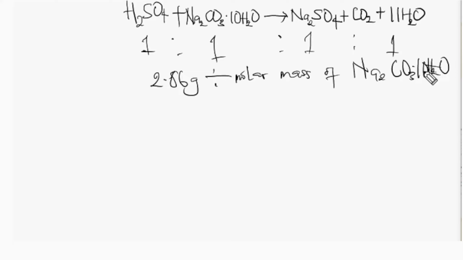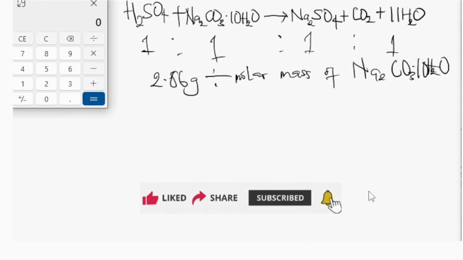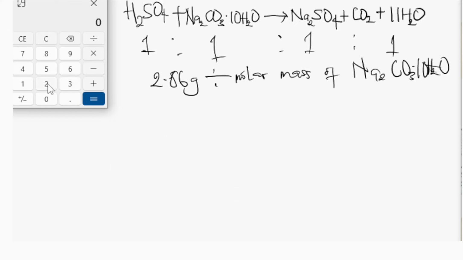So at this point, let's quickly use our calculator and check out the molar mass. Sodium is 23, and here it's times 2, so we have 23 times 2, and that's 46.